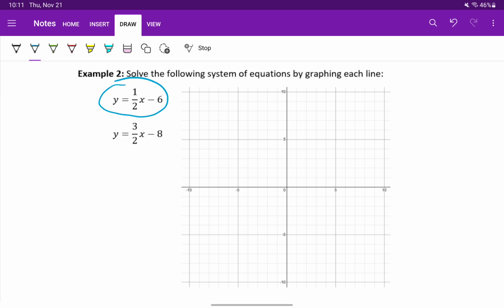Since we have our equations written in slope-intercept form again, we can start by plotting the y-intercept and then using the slope to move up 1 and over 2 to find a second point. And then with our second equation, y equals 3 halves x minus 8, we'll plot that y-intercept at negative 8 and then move up 1, 2, 3, and to the right 2 to find a second point.